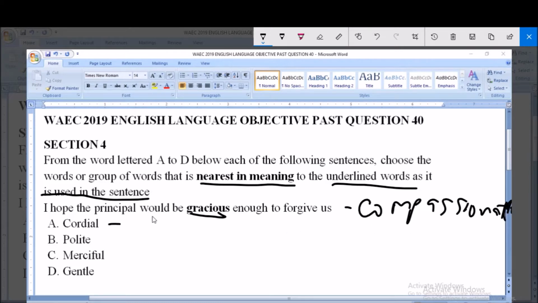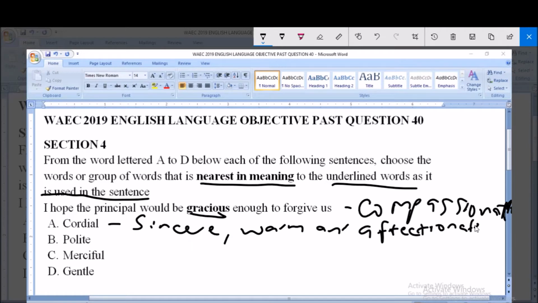Now option A, which is cordial, means sincere, warm, and affectionate. Now B, polite, means well mannered.